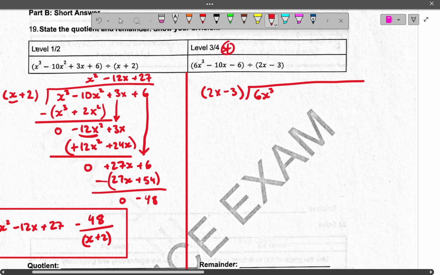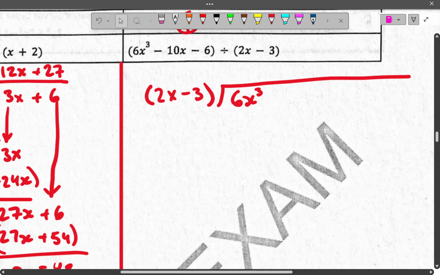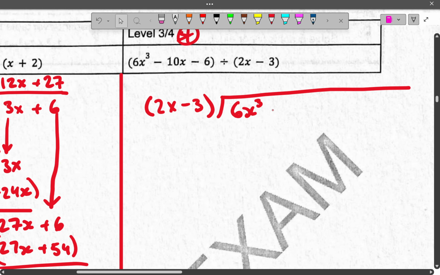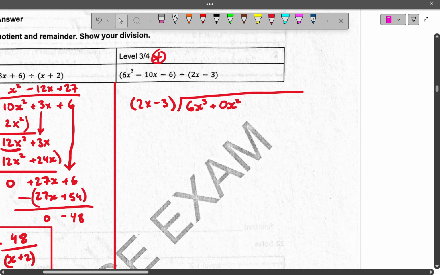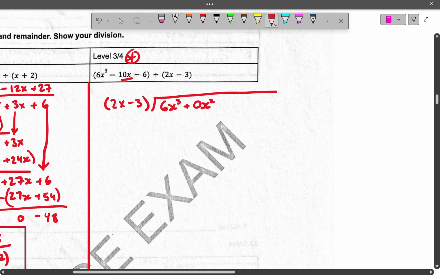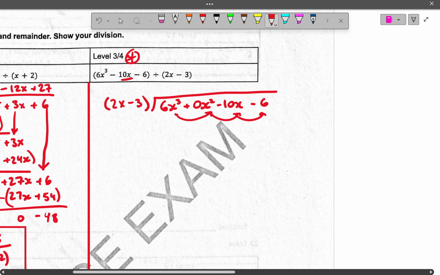And we notice there's no x squared term here, so we have to accommodate for that and do plus 0x squared. And then we have an x term, so we're going to minus 10x, and we have the constant. So again, it's always going down. So we have degree 3, degree 2, degree 1, and then a constant. And if you don't put these zeros, it's going to make the long division harder, or you'll make an error.